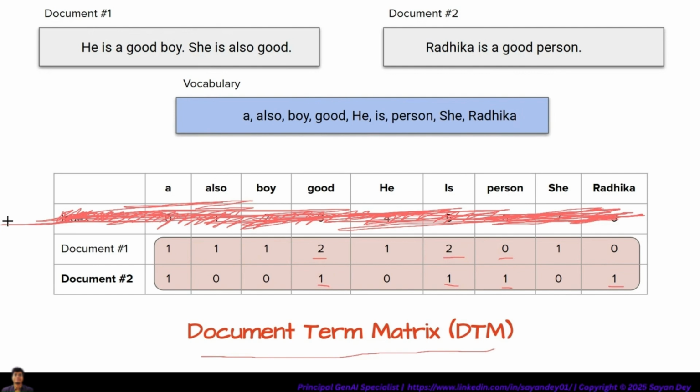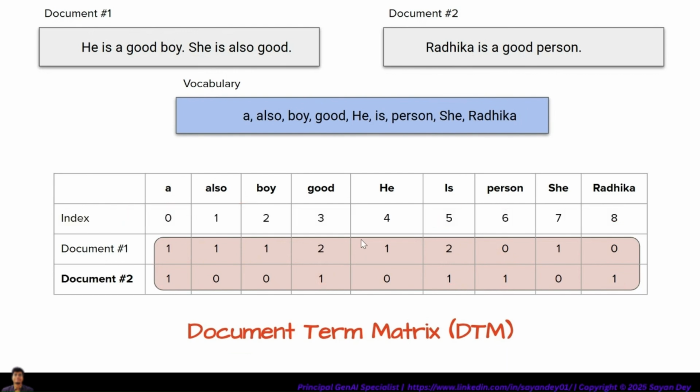Now, there are a lot of challenges with this approach. Let us talk a little bit about what the challenges are. One of the biggest challenges would be with respect to the vocabulary.